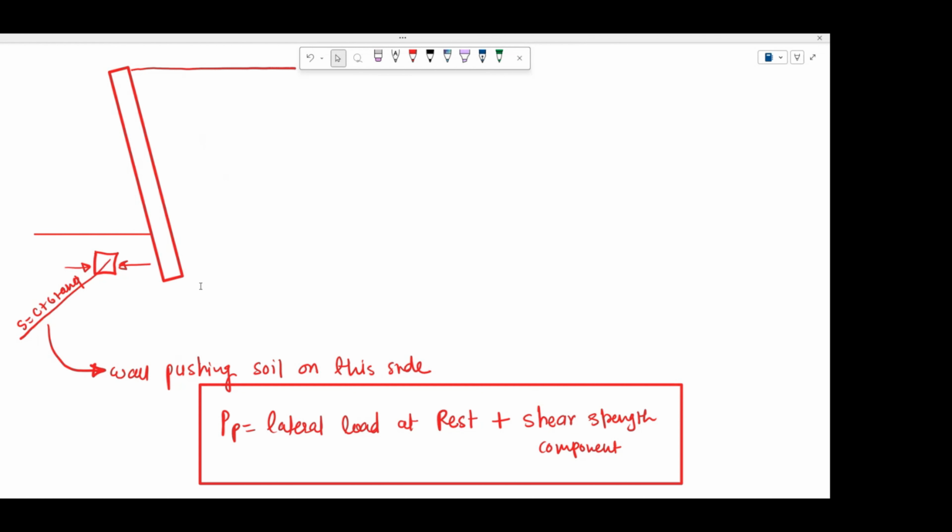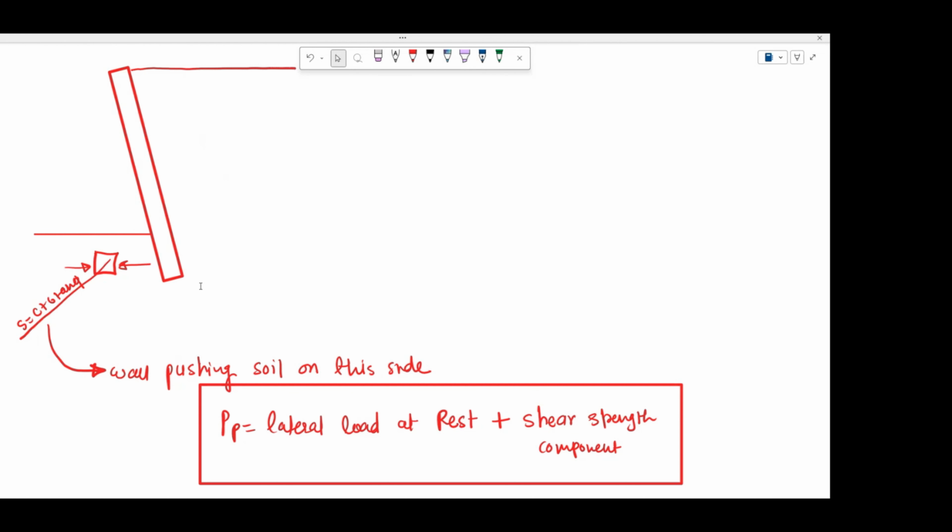But here, the shear strength of the soil is itself helping to push the wall, not to reduce the load. So the passive earth pressure comes out to be the lateral load at rest plus the shear strength component. That's why the passive earth pressure is more than the active earth pressure and the pressure at rest. So this is the overall concept.